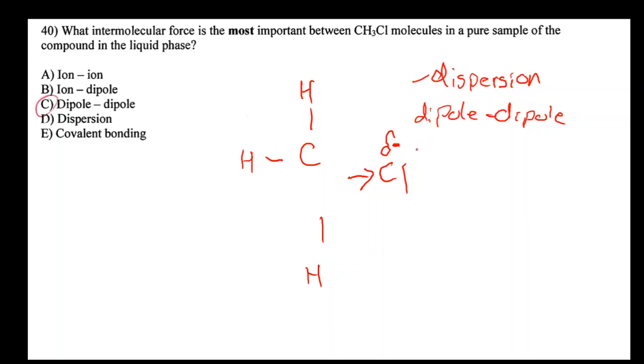That means it is a polar molecule, so dipole-dipole is going to exist. The next one on the totem pole that you have to look at is hydrogen bonding. That's when we have a hydrogen attached to an oxygen, a nitrogen, or a fluorine, which we don't. So the highest one we have to deal with is just dipole-dipole. In that case, our answer would be C.